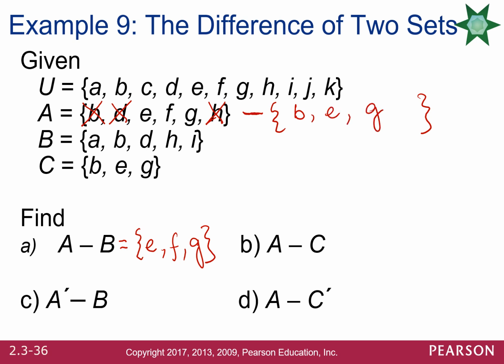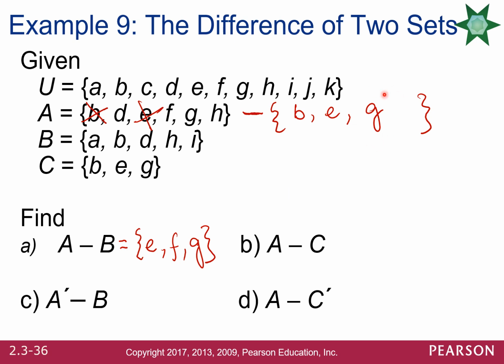So now let's cross out the elements which are in set C. From set A, we are going to remove the elements that are in set C. B is there in set C, so let's eliminate that from set A. E is also there in set C, so we are going to eliminate that as well.